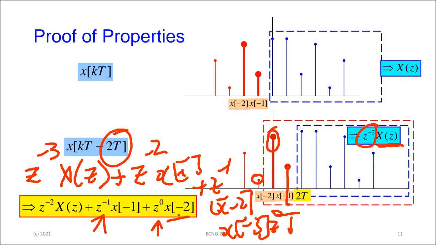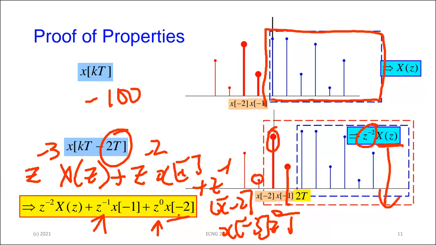But the original answer, we don't have to keep working over that part in blue. That part in blue, as it goes down the road, if I were to shift this by minus 100, then this bit here in blue will be z to the minus 100 X(z).